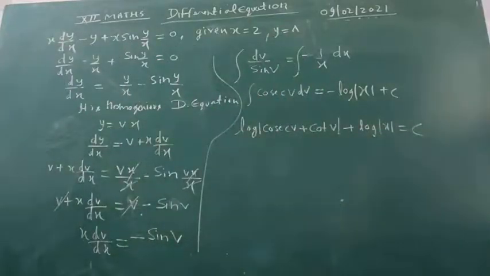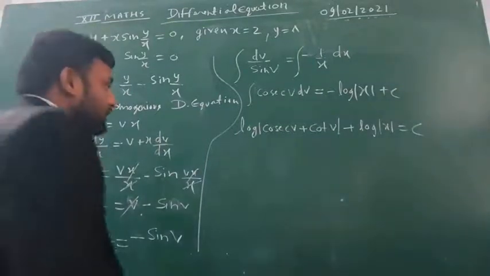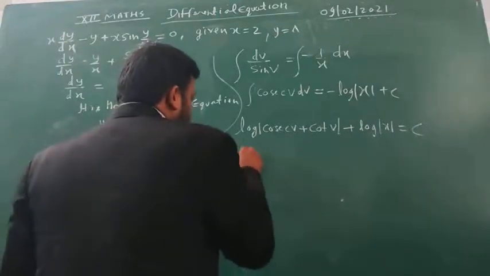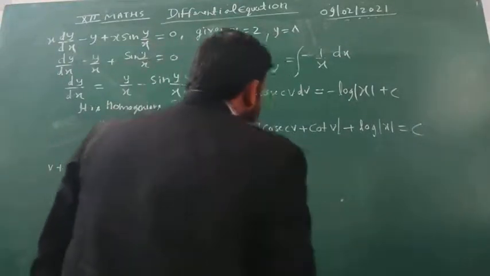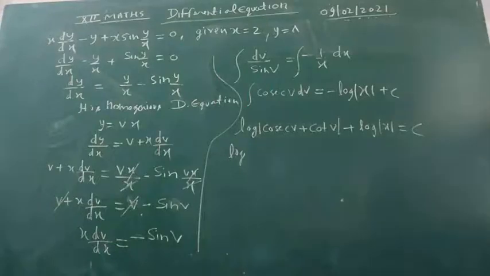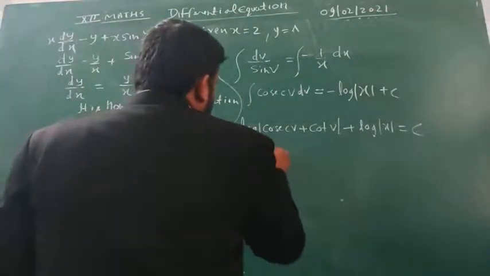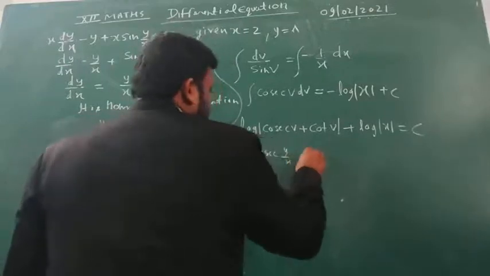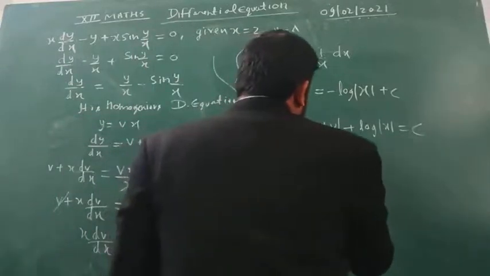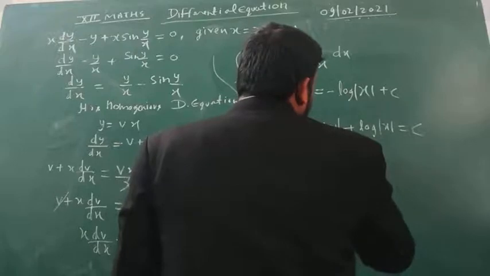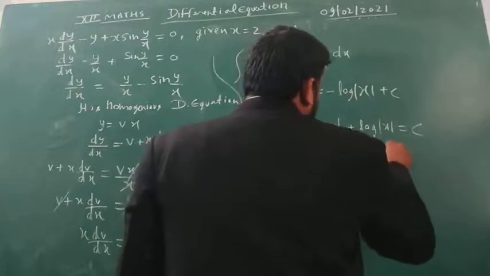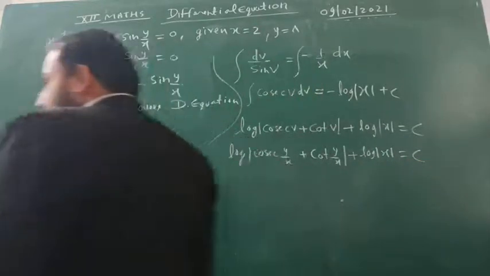Okay students, so now our v is y by x, so we write log of cosec y by x minus cot y by x plus log mod x is equal to c.